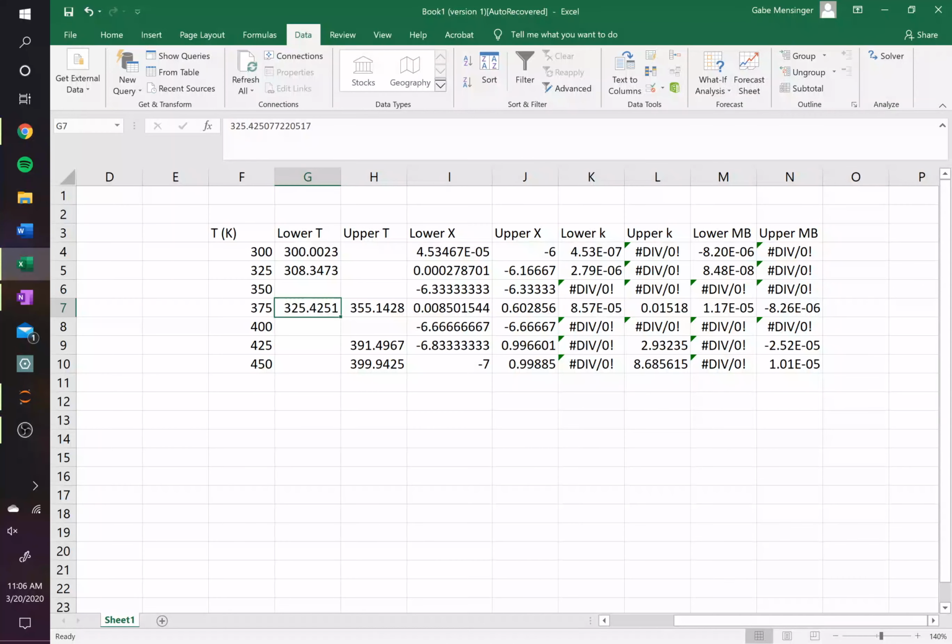All right, so for the sake of this problem, I will graph this.